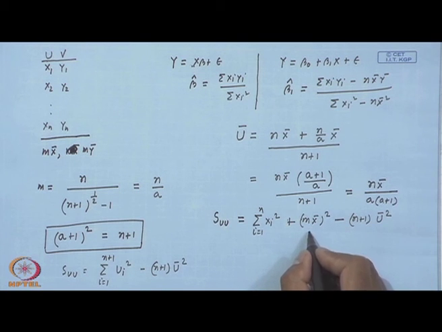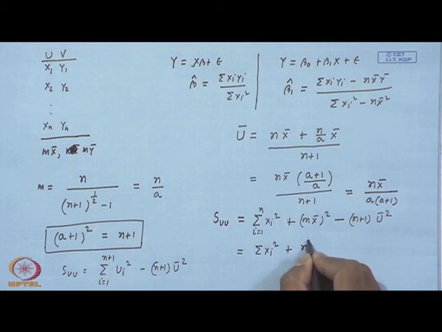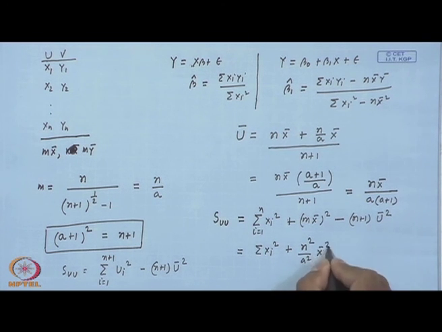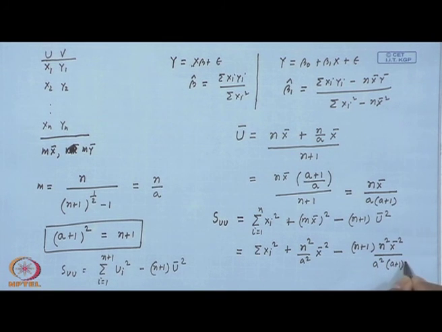This one can be written as summation x_i square plus n square by a square into x bar square minus n plus 1 u bar square. What is u bar square? u bar is this quantity, so n square x bar square by a square into a plus 1 square.